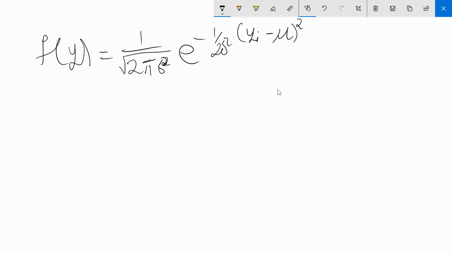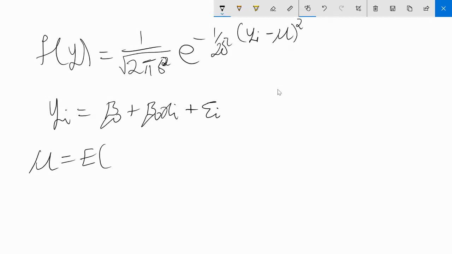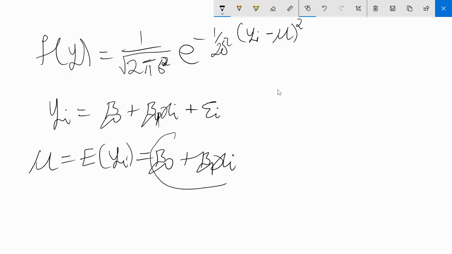In this case, our yi is beta 0 plus beta 1 xi plus ei. The mean of that, which is the expected value of y, is beta 0 plus beta 1 xi. So this is our mean.